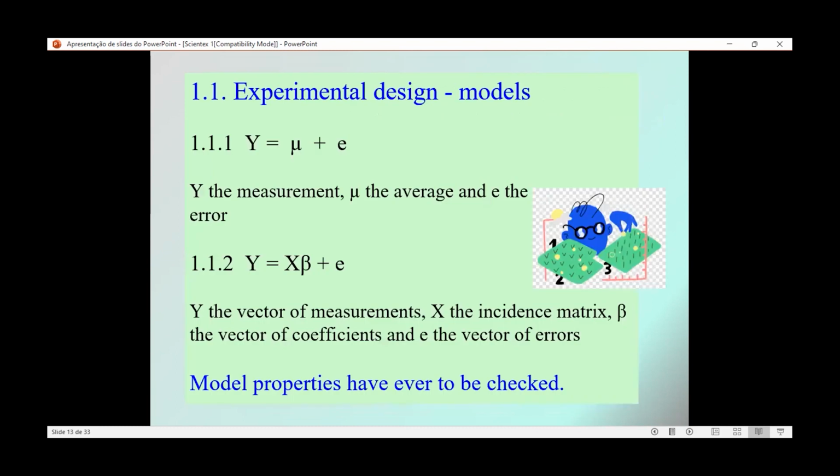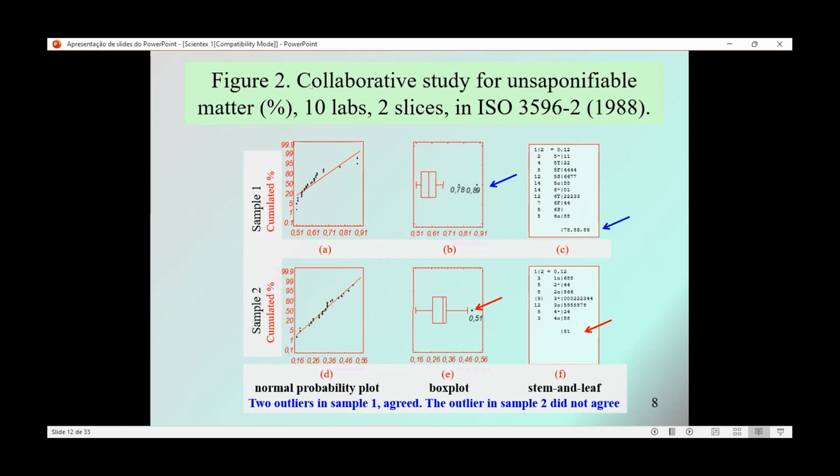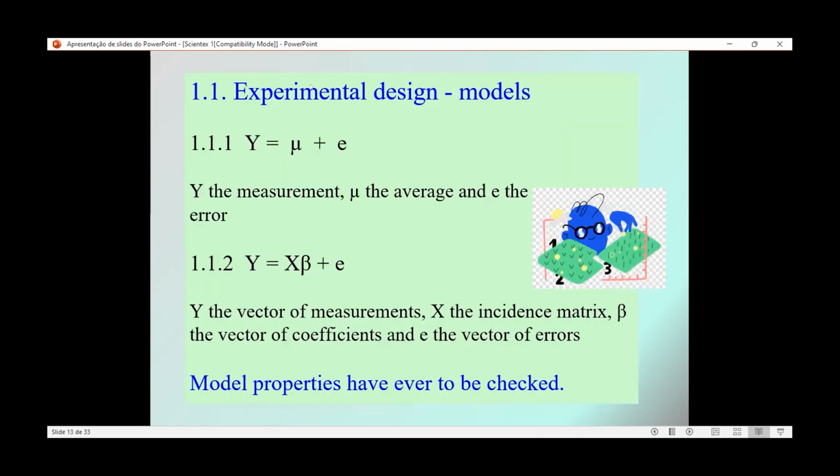So, as this was a collaborative study, we have to think about experimental design models. The simplest of them is Y equals mu plus E, where Y is the measurement, mu the average, and E the error. E may be positive or negative.